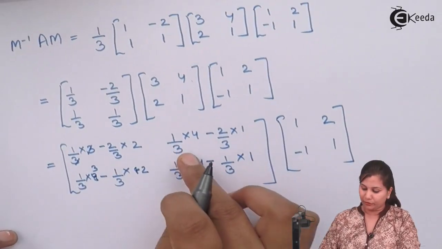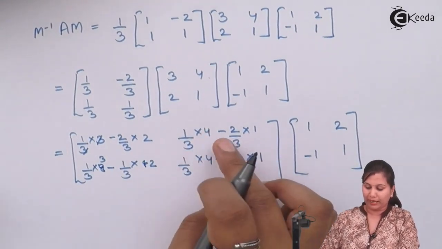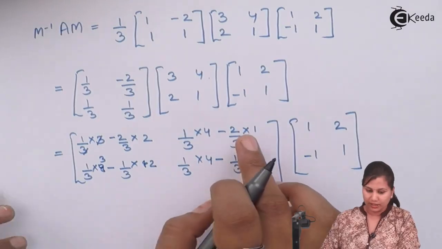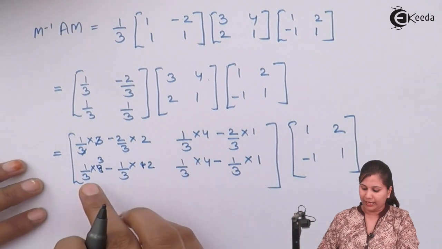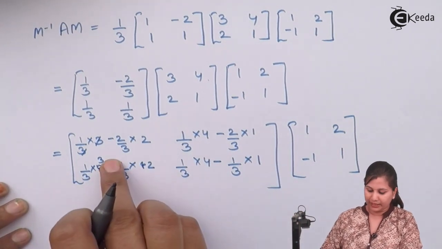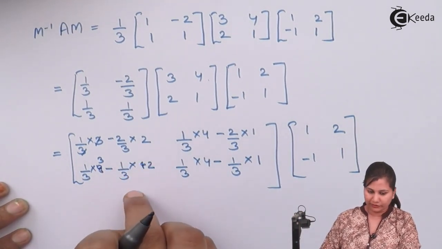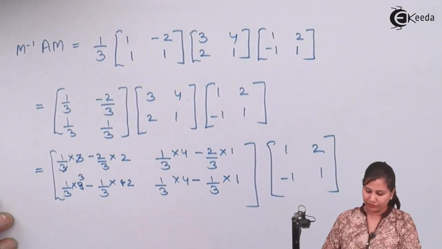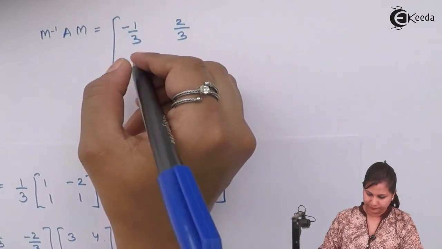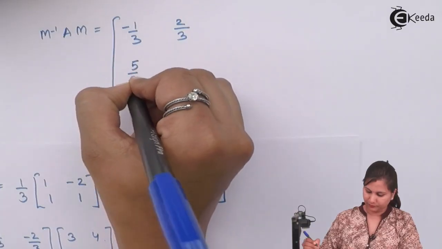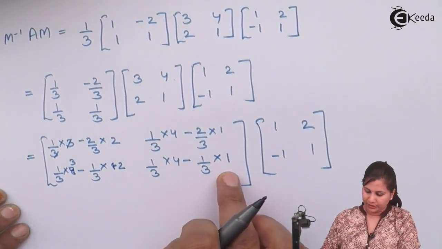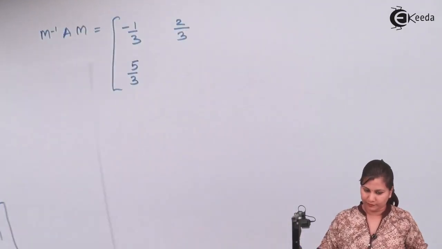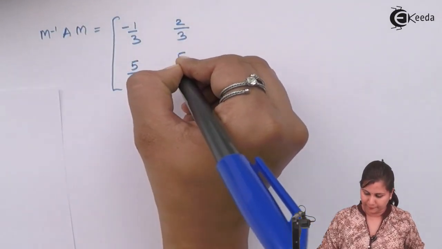Then we have 1 by 3 into 4, so it is 4 by 3 minus 2 by 3, so it is 2 by 3. Then we have 1 by 3 into 3, that is 1 minus 2 by 3, so it is 5 by 3. Then 4 by 3 minus 1 by 3 is again 5 by 3.